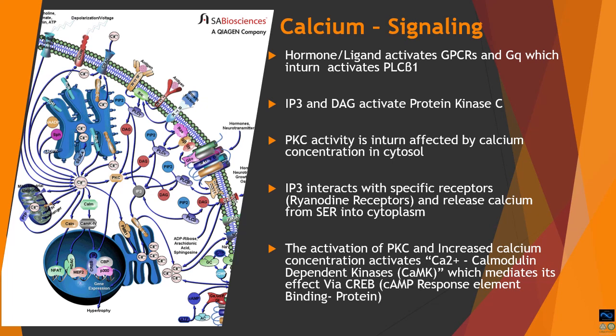And we also know that calmodulin dependent kinases are able to affect the DNA expressivity and its transcriptional and translational things via CREBP. So this is the point of convergence here as well. So we can see the crosstalk between calcium signaling and PLC beta 1 signaling and the convergence into the CREBP regulation of the function.